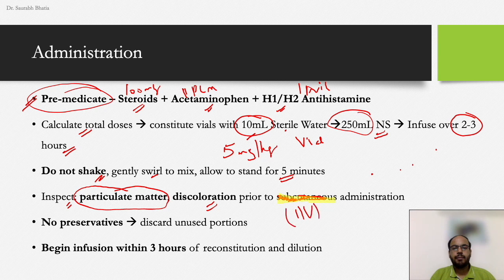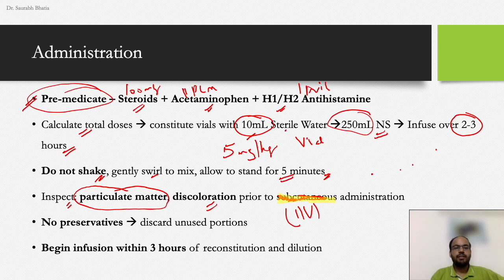Remember that it might have slight particles because it's a lyophilized chimeric immunoglobulin, a mixture of two different species through the formation of immunoglobulin. So it might have slight particulate matter, but that will be very fine and will be easily dissolved when you allow it to stand for 5 minutes.